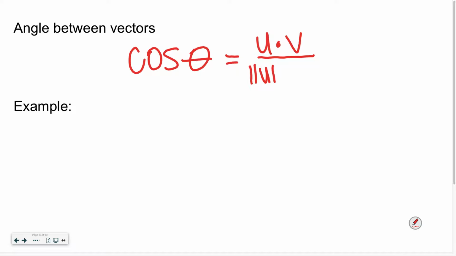And then the two magnitudes multiplied to each other in the denominator. So you would need to find all of this and then punch in your calculator, which would be in degree mode, inverse cosine, so that you can solve for the angle. Ew, that's awful.